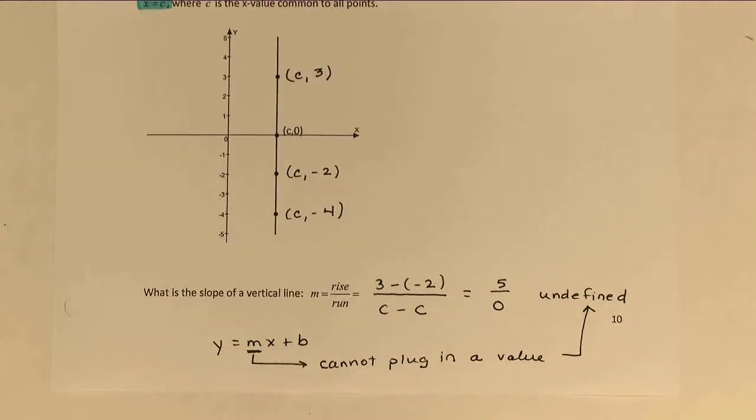For that reason, it's not surprising that this particular equation doesn't fit our slope-intercept form, y equals mx plus b. First of all, m is undefined. And secondly, just think for a moment about b. Is there any y-intercept on this line? No, it never crosses the y-axis. So there's actually also no b value.